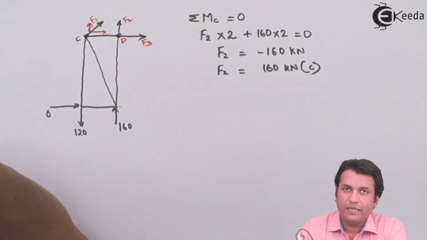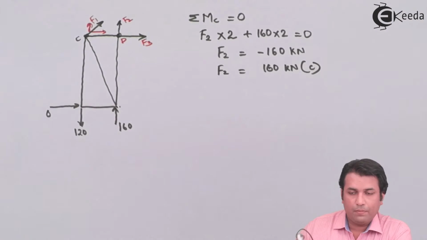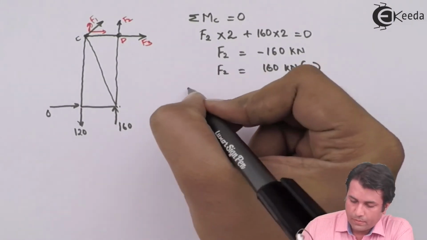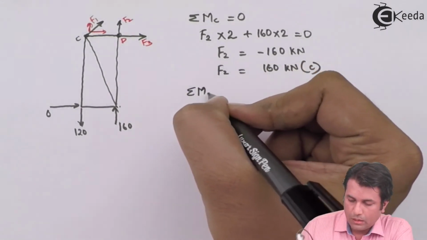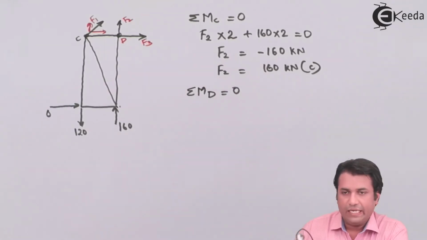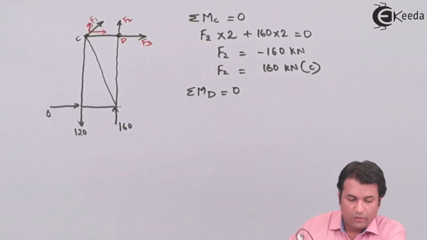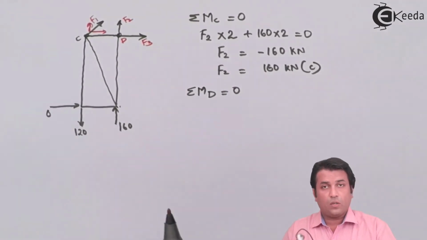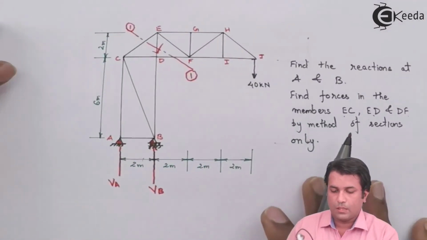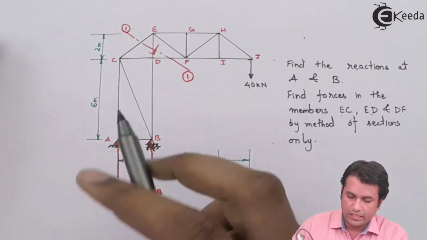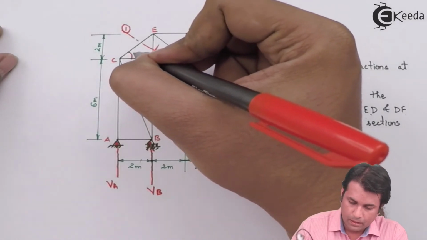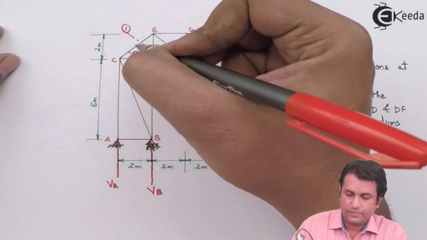The vertical component will. So I'll take a moment of that force about D. Now for that, I need to first find out the angles. In this case, I just need to find out this angle, if I call it as theta.